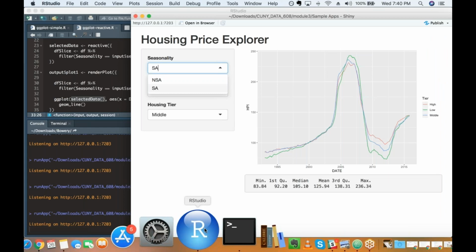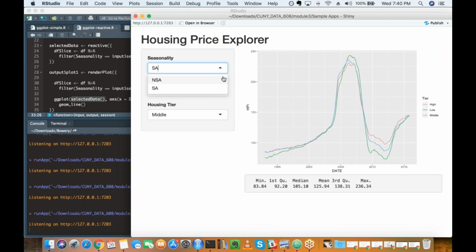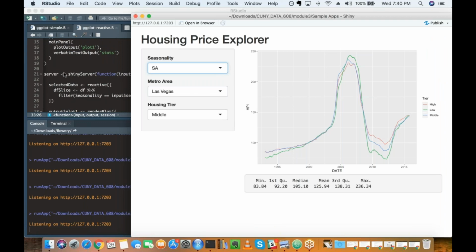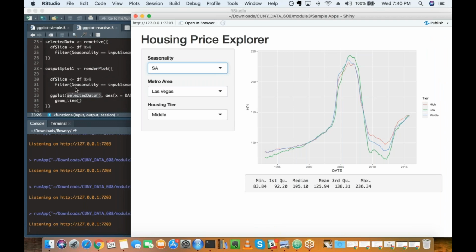So looking at this app again, we have in our server object these R functions. In this case, we're pretty much just filtering a data frame, but you could do whatever R is able to do. You could tie these to models.